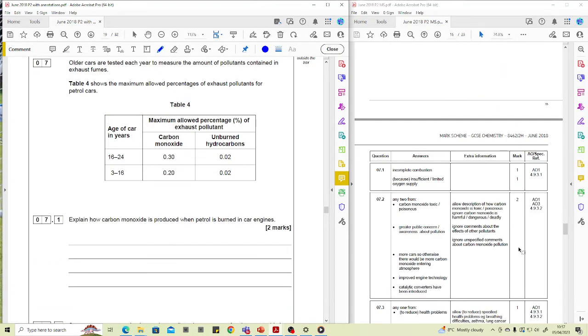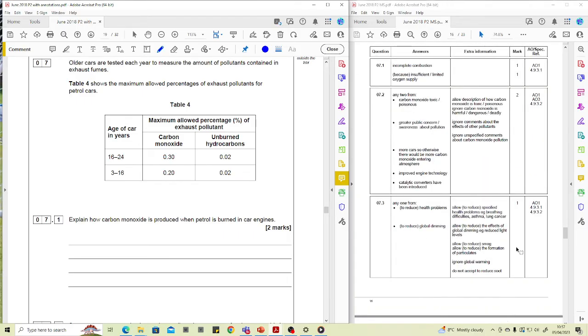Okay, air pollution. Question 7. So there's a nice bit in this question which we don't often talk about, which is unburned hydrocarbons, and also global dimming comes into the mark scheme quite a lot. Older cars are tested each year to measure the amount of pollutants contained in exhaust fumes. Table 4 shows the maximum allowed percentages of exhaust pollutants for petrol cars. So let's have a look. So here's older cars and here's newer cars.